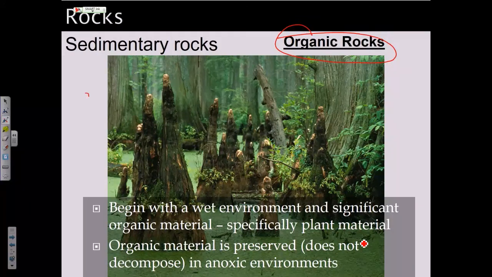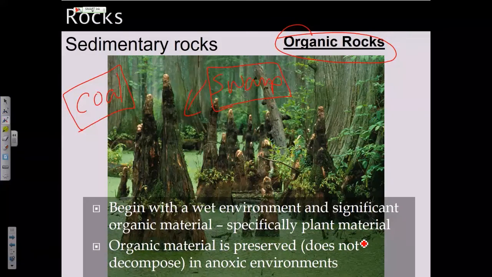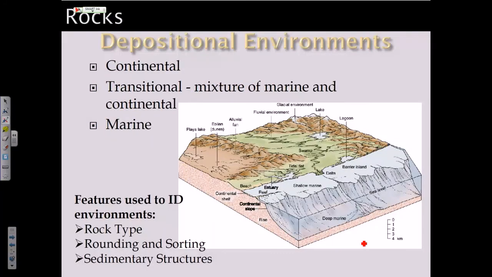So coal, okay, starts out in a swamp and gets buried, cooked up to a couple hundred degrees Celsius, and that organic material, which is partially broken down by bacteria and other processes early on, gets turned into coal. Okay?